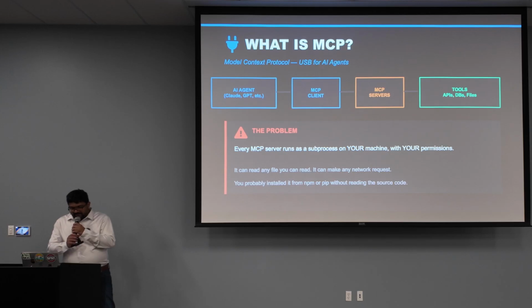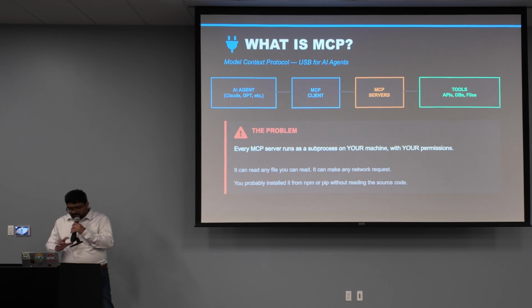So what is MCP? There are AI agents, Claude or GPT, talking with the MCP client, with a hop to the MCP server through the JSON-RPC protocol, and these MCP servers interact further with the tools. This is the overall pipeline.